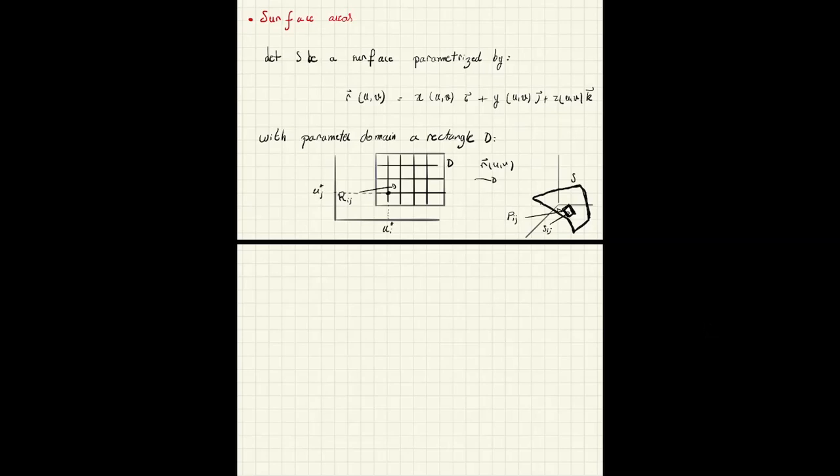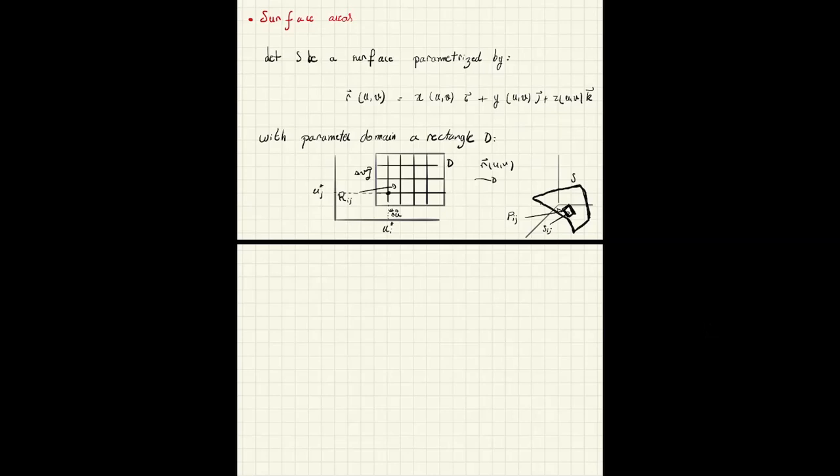Okay, and this will be delta U. We suppose that we're going to divide them into similar widths, like the division is regular. So all these sub-rectangles have the same length and same height, same width.